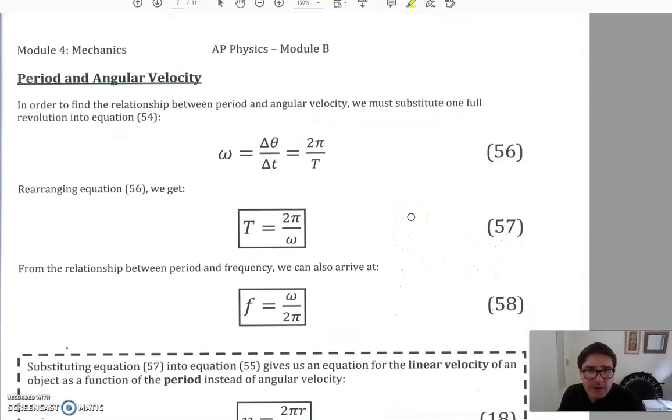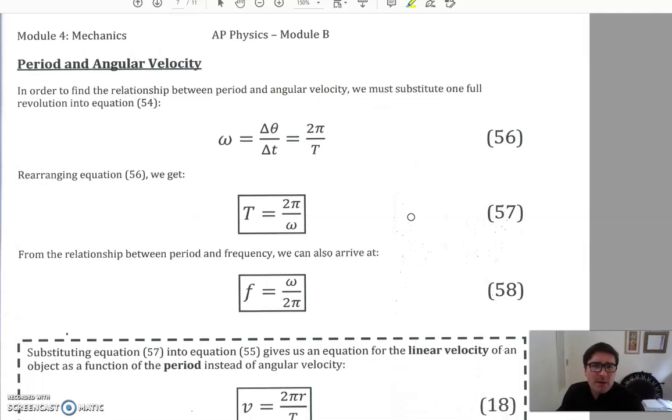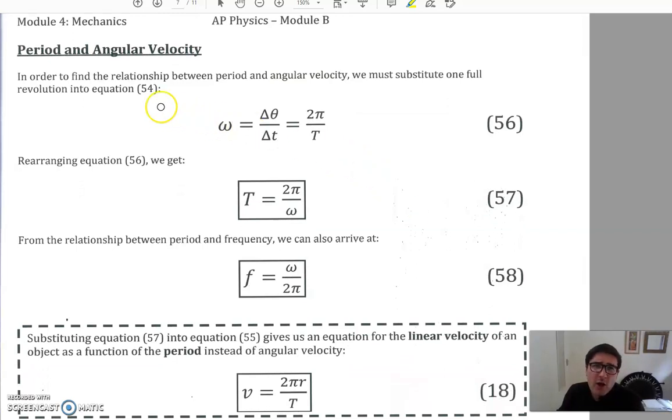Now, we spoke about period and frequency earlier. We said that period is the time for one revolution, whilst frequency is the number of revolutions per second. Now, if we want to relate period and angular velocity, which we will do now, we can substitute one full revolution into equation 54. Equation 54 said that our angular velocity is equal to our change in angular position over time.